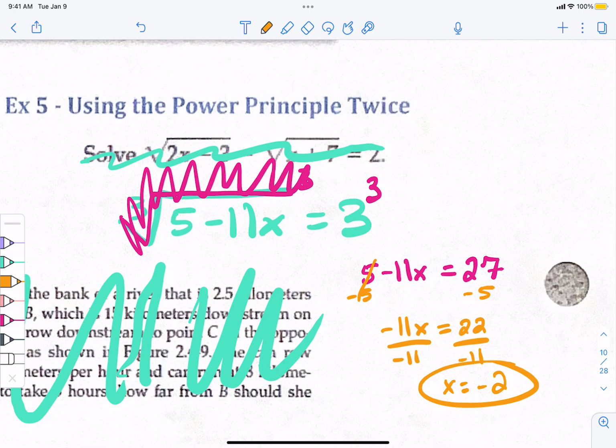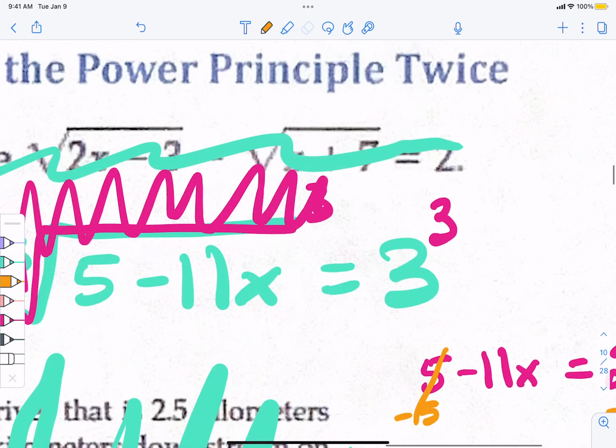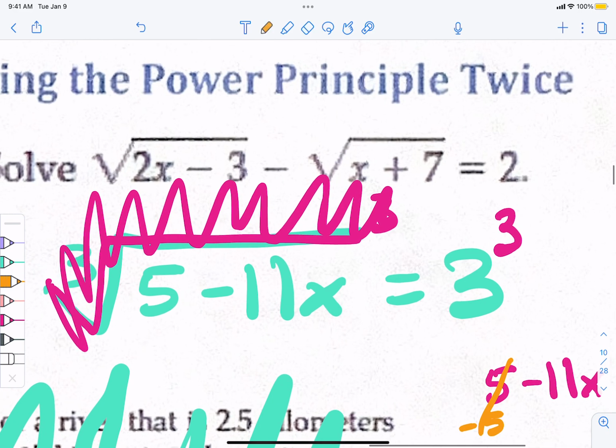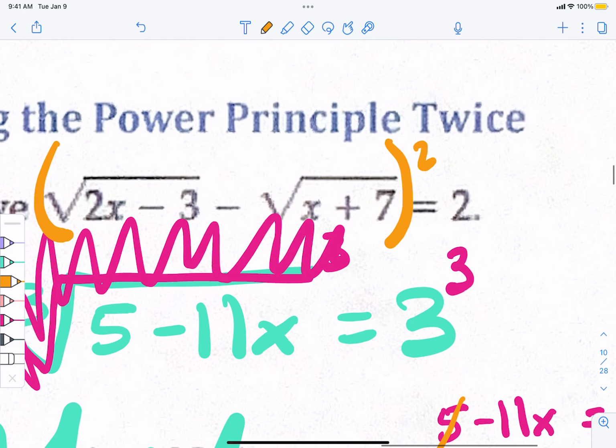Can you tell us how to do it though? So what this would involve, I'm not going to go through it because it takes oodles and oodles of time to do. But what this would involve is, okay, here you go. If we square that, here's what will happen. This is like one term minus another term.